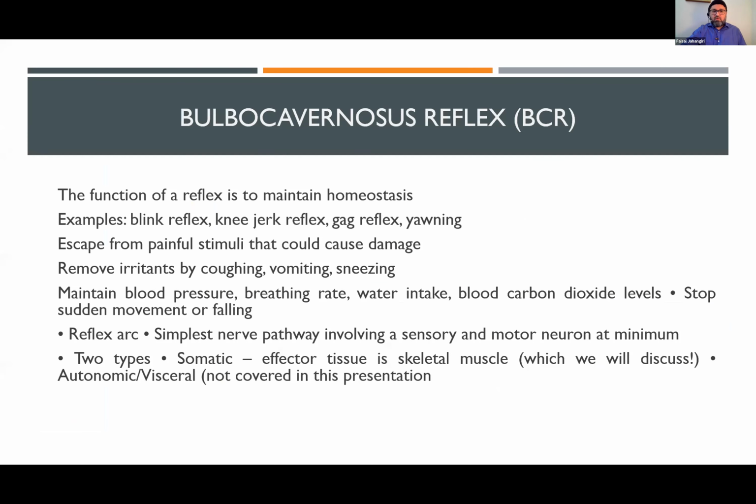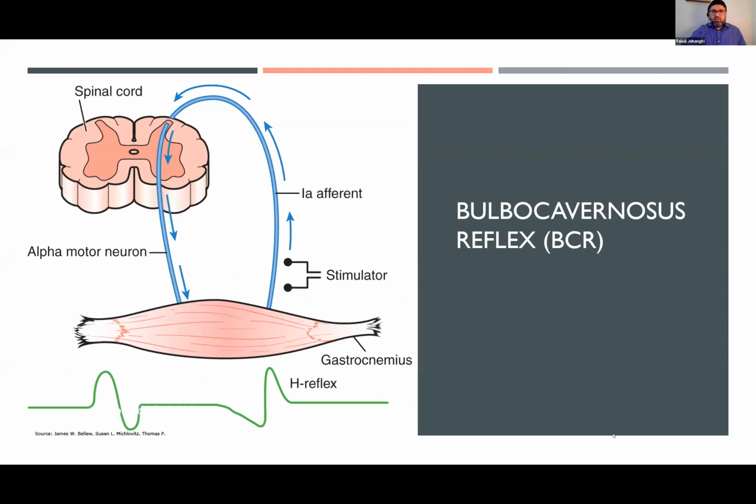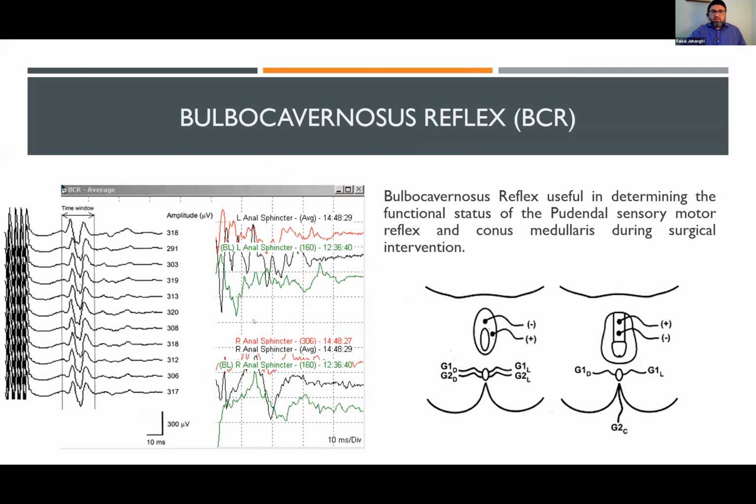The bulbocavernosus reflex is a reflex in the pudendal nerve which covers the sensory roots going to the spinal cord, with the reflex coming back from the spinal cord to the anal sphincter muscle. We are going to cover more on the technical aspects.